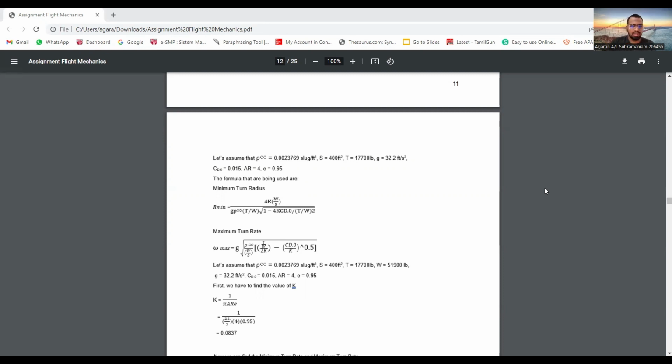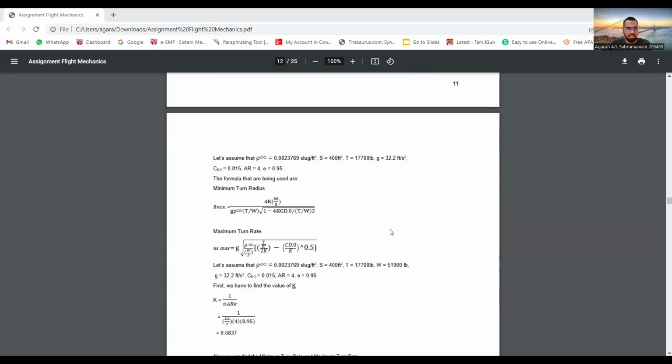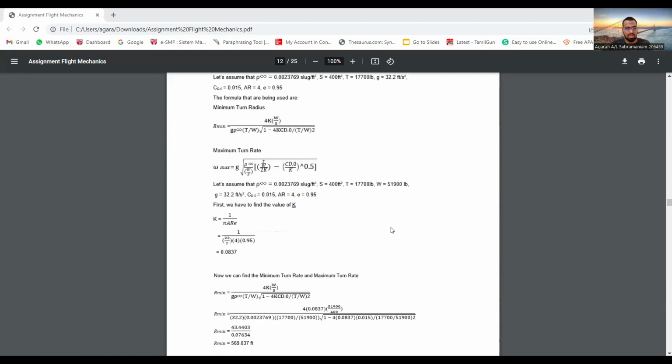There is also a coefficient CD naught and also AR and e to find the K. The formulas that are being used are shown in the slide. Now let's go to the calculation. In order to find the minimum radius and maximum turn rate, we have to calculate the value of K first, which is 1 over pi times aspect ratio times the efficiency factor.